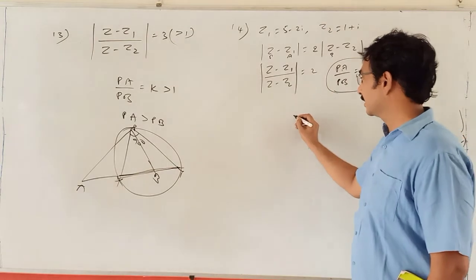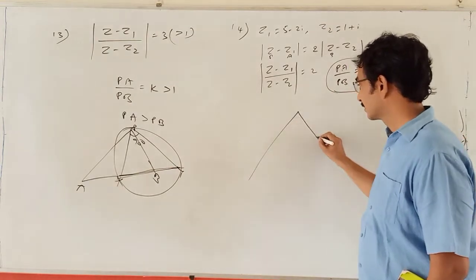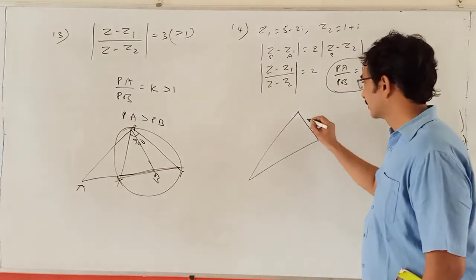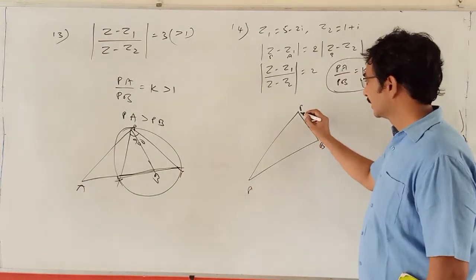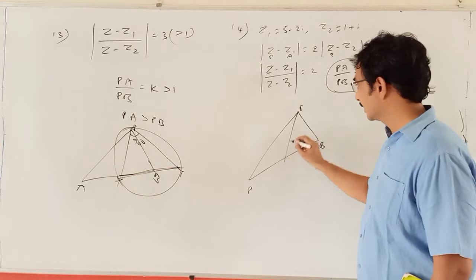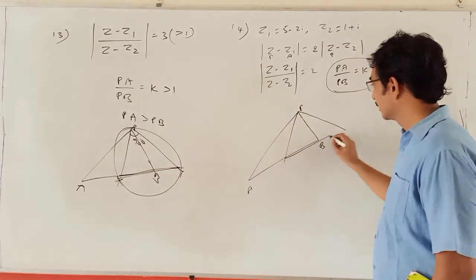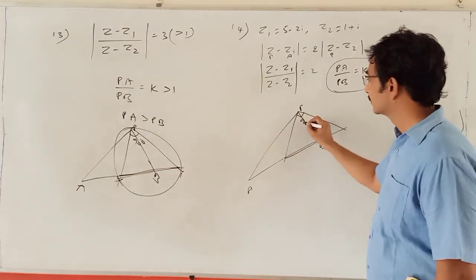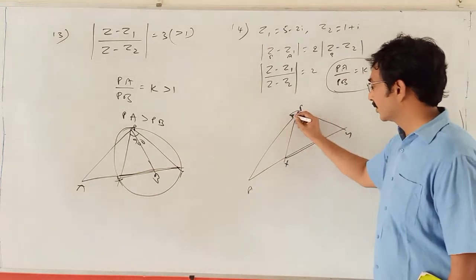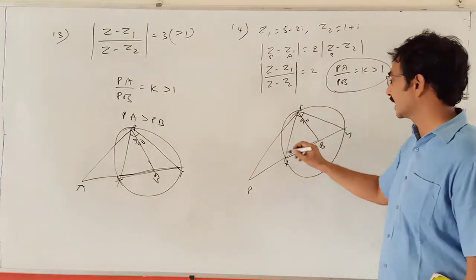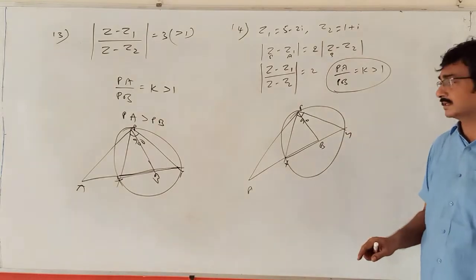PA is greater than PB, twice. Internal bisector of P, external bisector of P, angle between them is 90. So the locus of P is a circle whose X and Y are the ends of the diameter of the circle.